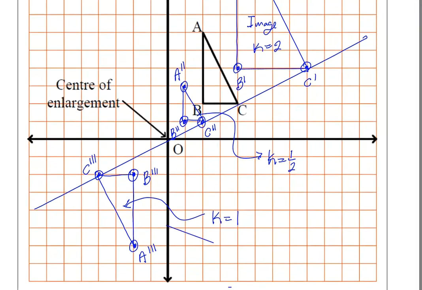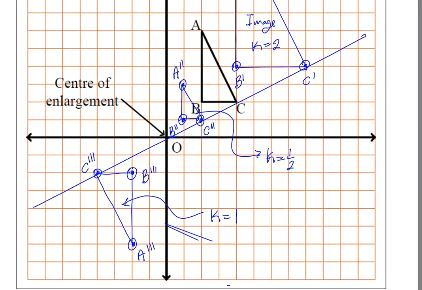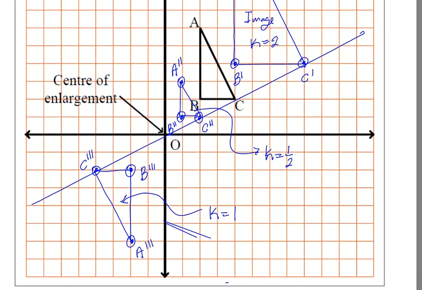Let us see if the same thing happens when I connect all the B's. When I drew a straight line through all the B's, that straight line passes through the center of enlargement.